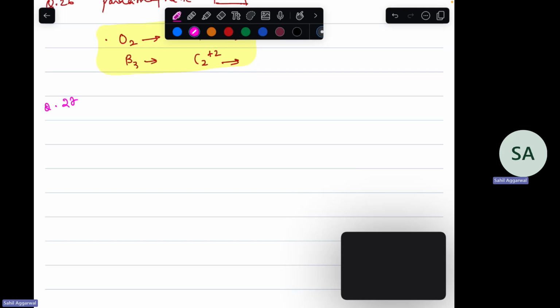Now, which among the following compounds are white and water insoluble? White and water insoluble.